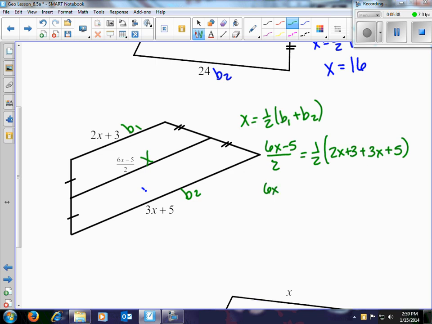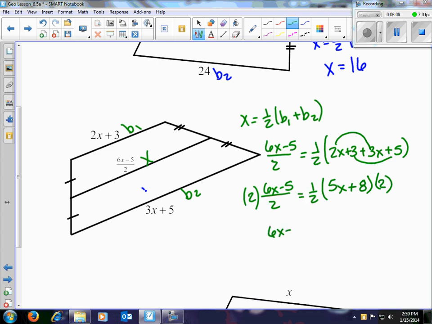So now I have (6x minus 5) divided by 2 is equal to 1/2 times, combine like terms, I have 2x and 3x, which is 5x, and 3 and 5, which is 8. Now, I want to get rid of this 2 over here, so I'm going to multiply both sides, the whole thing, by 2. And when I do that, 1/2 times 2 is just 1, so I'm going to be able to get rid of this 1/2.